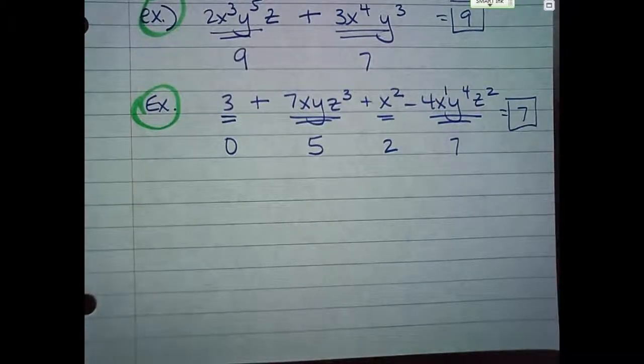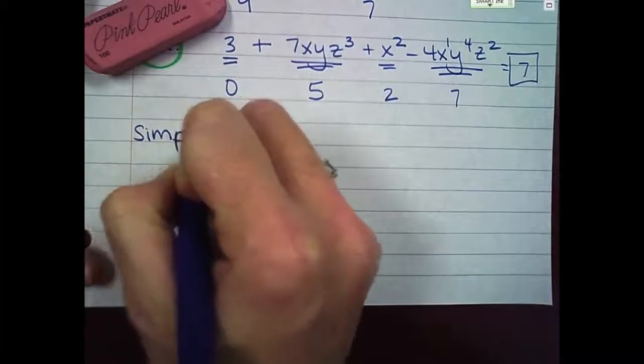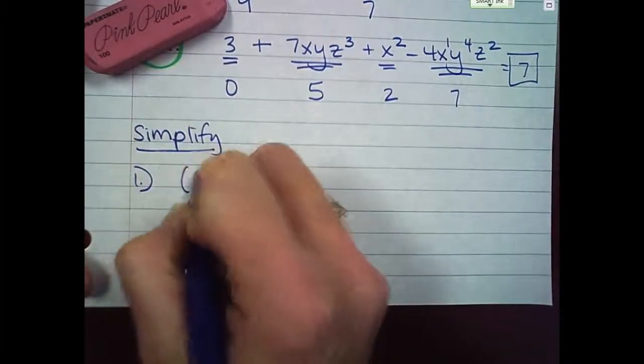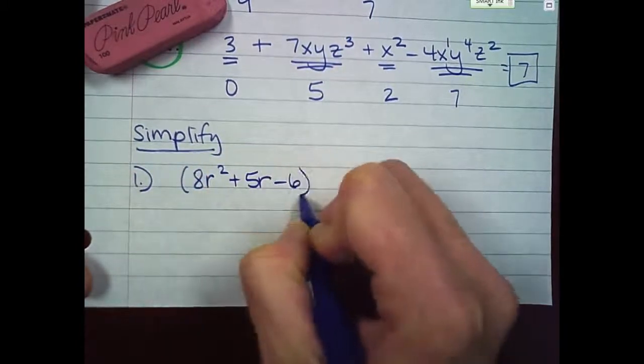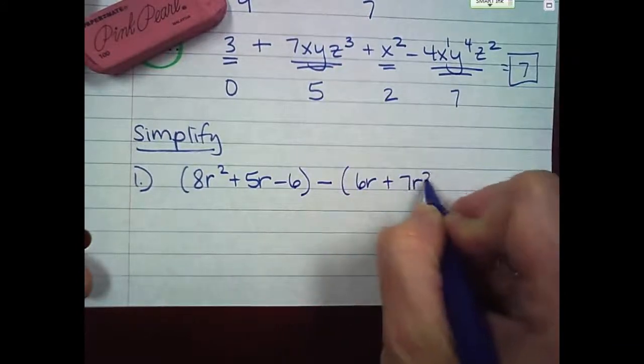Okay. You think you got all the properties and degrees and understand that okay? Then let's move on. I'm going to do some simplifying. (8r squared plus 5r minus 6) minus (6r plus 7r squared plus 8).